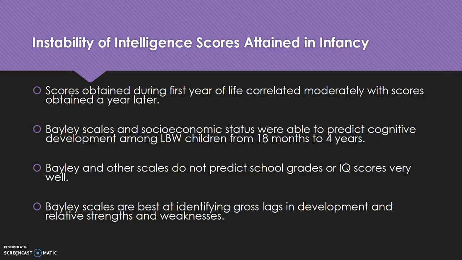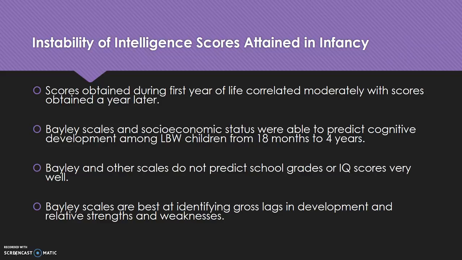But if we look at the Bayley scales and SES status, we're able to predict cognitive development among low birth weight babies from 18 months to 4 years. So if we combine the Bayley scales, low birth weight, and SES status, we can be reasonably certain of what the cognitive development of low birth weight babies is going to look like from 18 months up to 4 years.